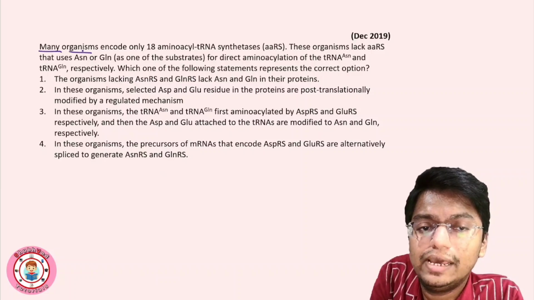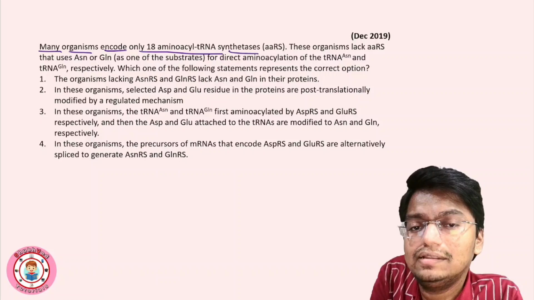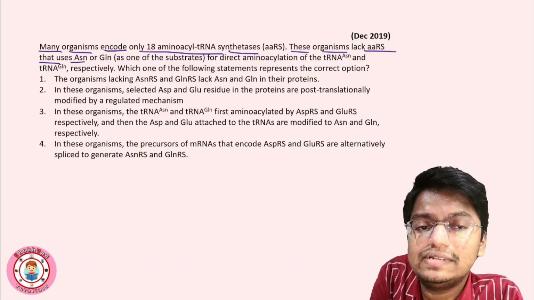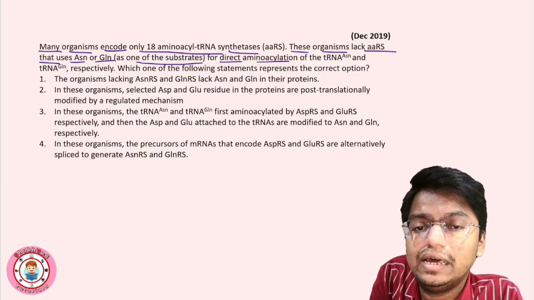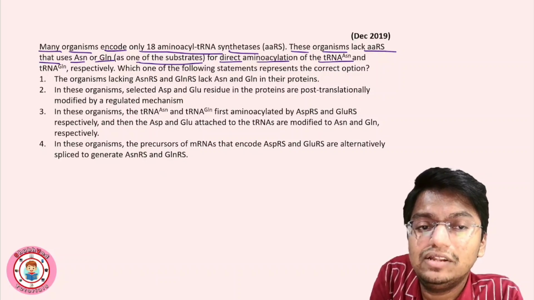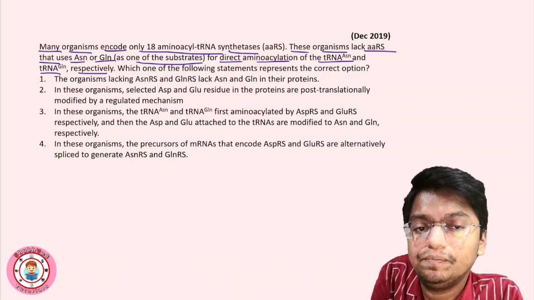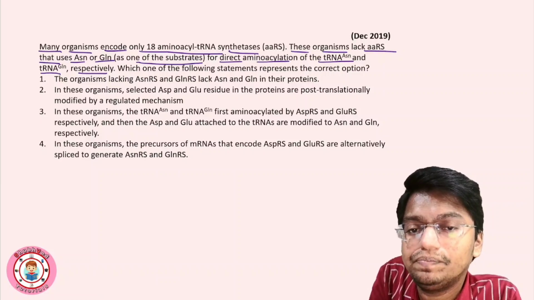Many organisms encode only 18 amino acyl tRNA synthetases. These organisms lack amino acyl tRNA synthetase that uses asparagine or glutamine as one of the substrates. Okay, repeated question. For direct amino acylation of tRNA, asparagine and glutamine respectively. Okay, meaning the tRNA synthetase is not present.